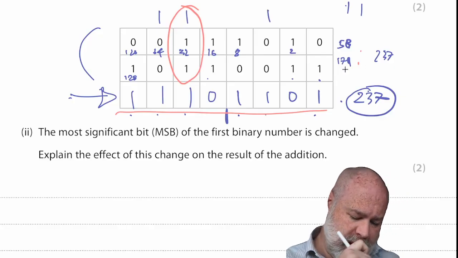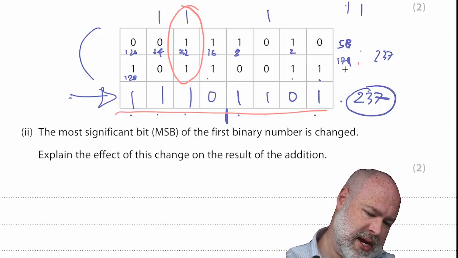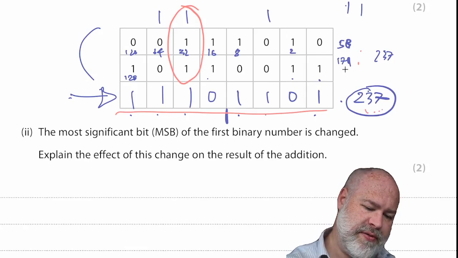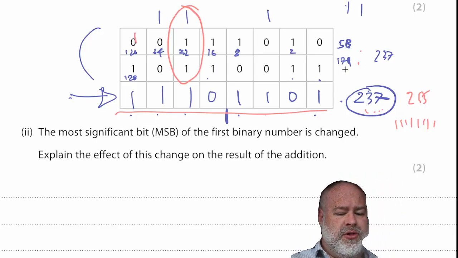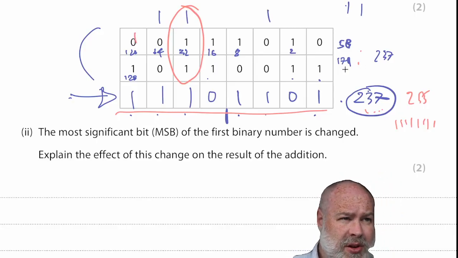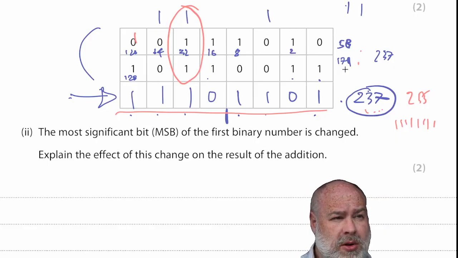Well, what they're asking you to do here is understand that we're pretty near 255, which is the biggest number we can have in an 8-bit system. So if we had a 1 here, we've got 128 added on to our value, and it's not going to be able to be stored in an 8-bit system.